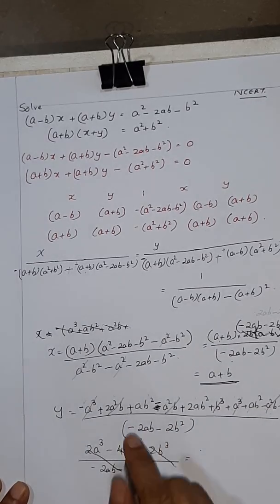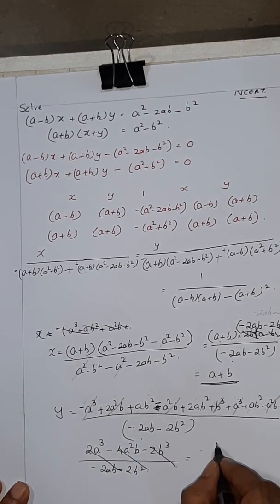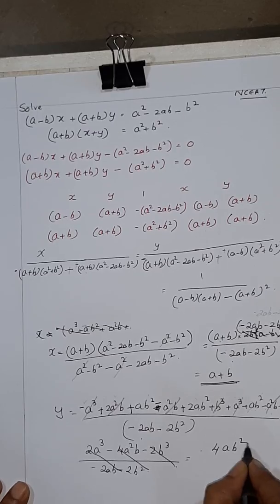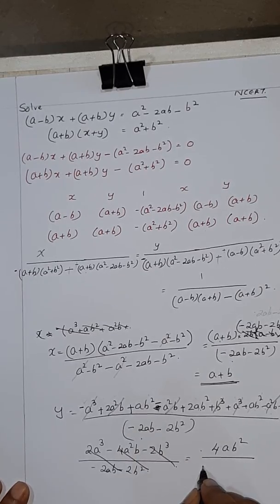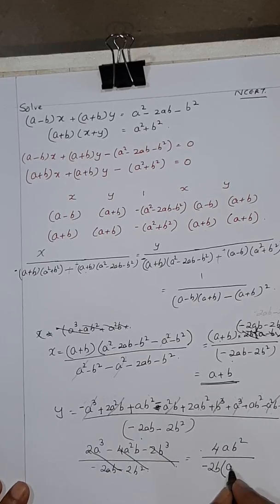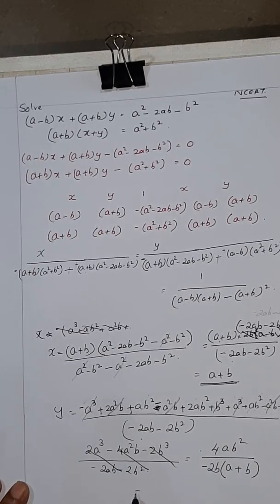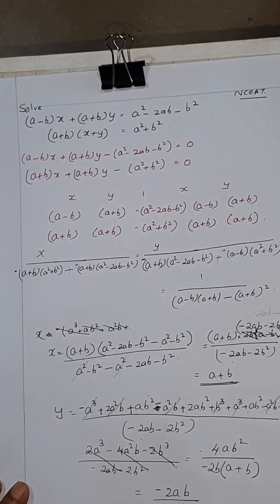So we are left with ab squared, 2ab squared. So we are left with 4ab squared by now 2 minus 2b, I will take it out. So a plus b. So now here again b will get cut, 2 will get cut. So this will become minus 2ab by a plus b. So this is the answer.